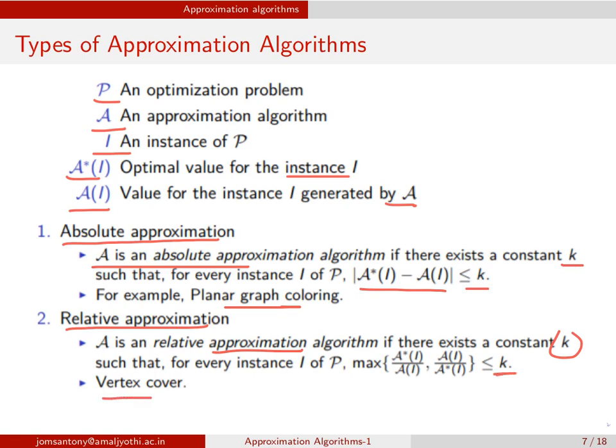So the vertex cover approximation algorithm is an example of a relative approximation algorithm. It is evident that we are applying the modulus function here to accommodate both minimization and maximization problems. Similarly, we are taking the max of both to accommodate both minimization and maximization problems.